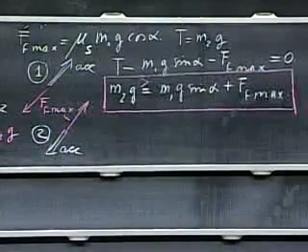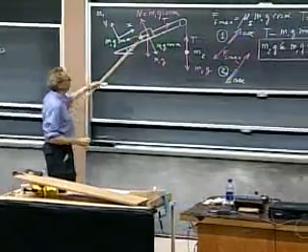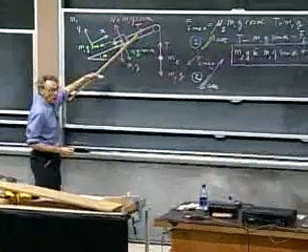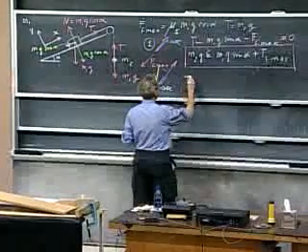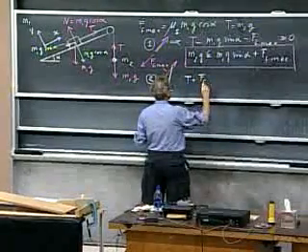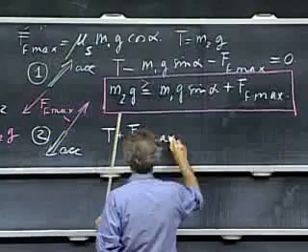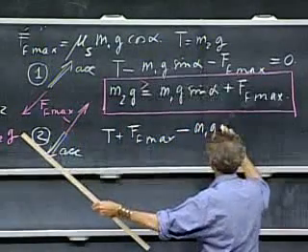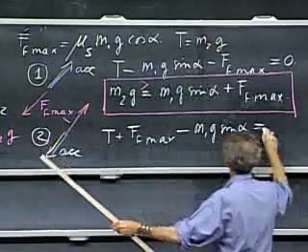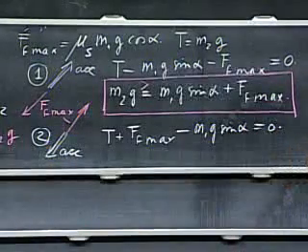So now I can write down Newton's second law. So the frictional force is now helping T. So now we get T plus f max minus m1g sine alpha equals 0.